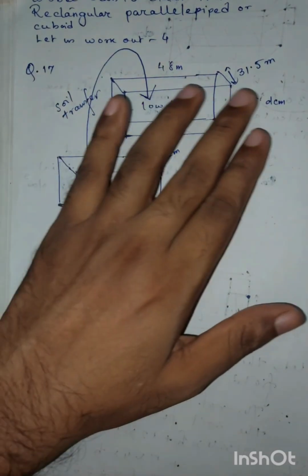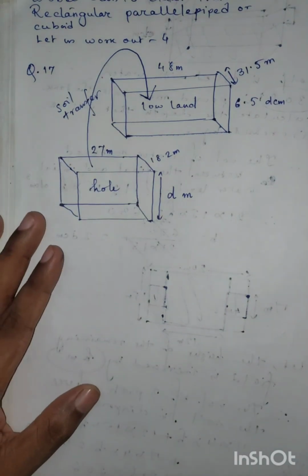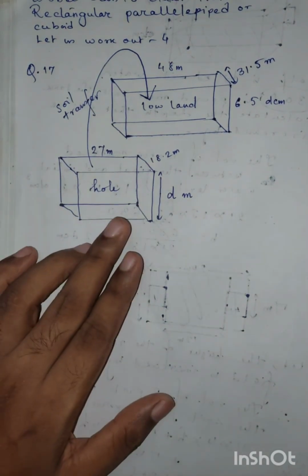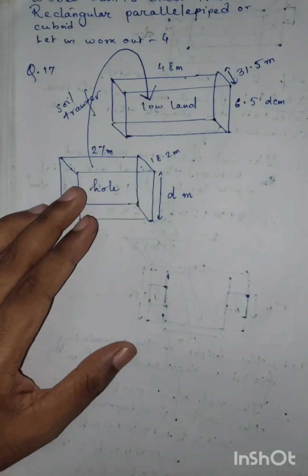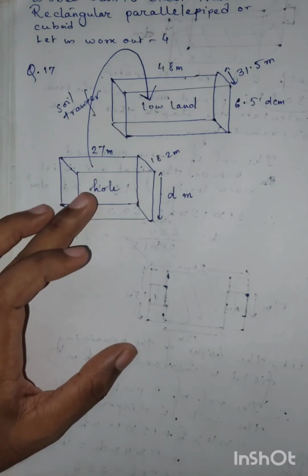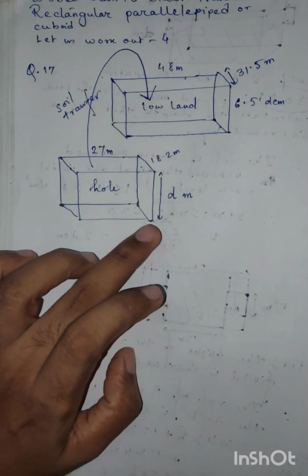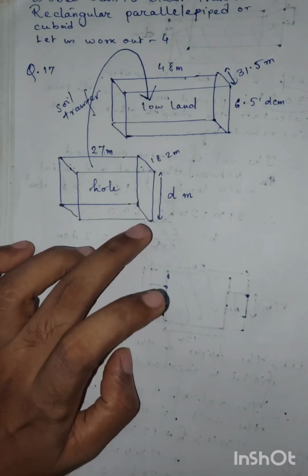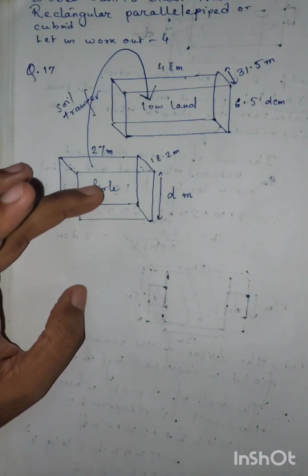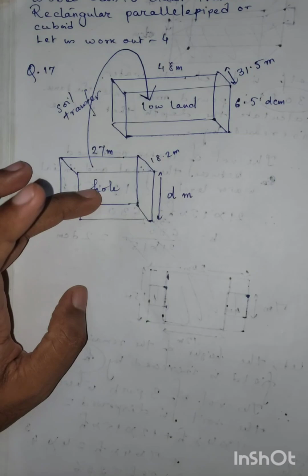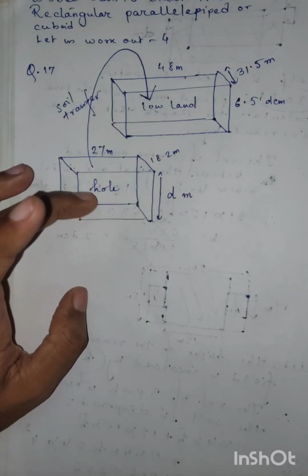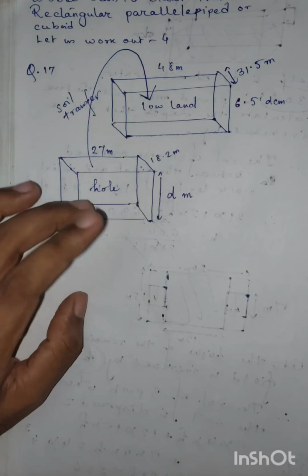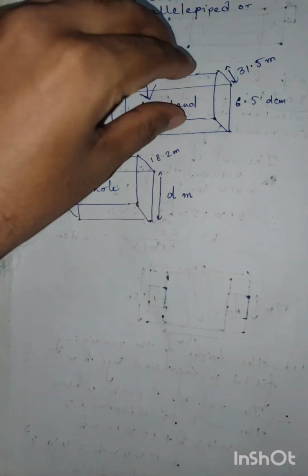So the dimensions are given for the lowland and length and breadth are given for the hole, but the depth is not given. We need to calculate the depth. So let us first calculate the volume of soil that can be taken out from this hole, and that soil is actually transferred to this place.